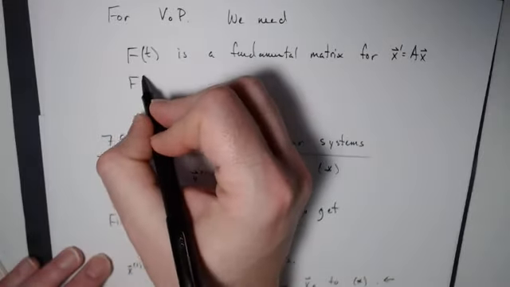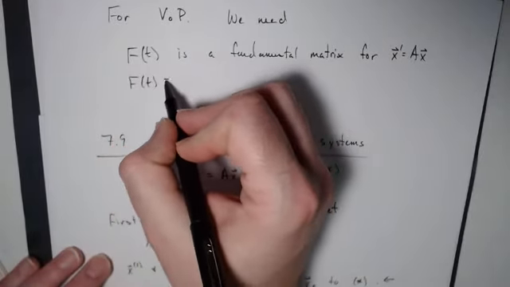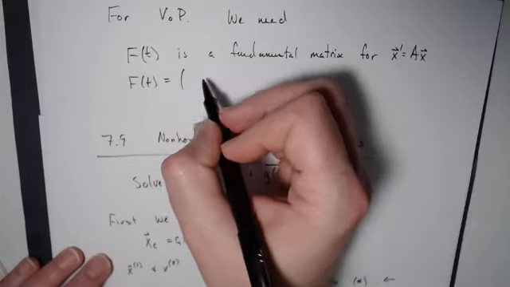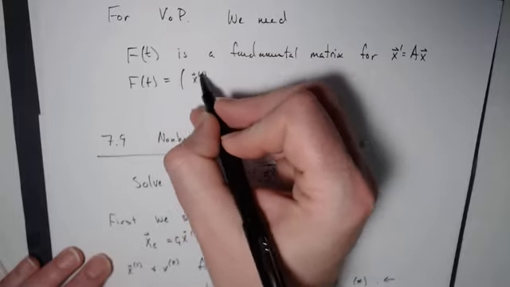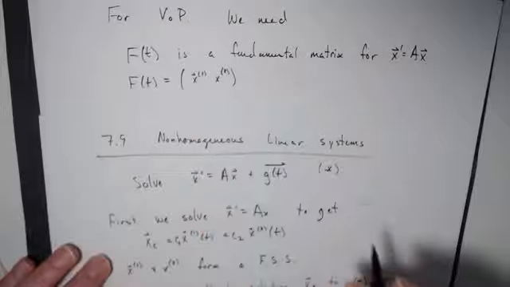In other words, F of t equals x1, x2, in either order.